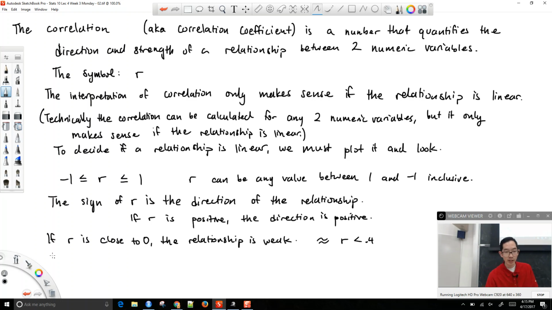And if R is far from 0, maybe I'll write absolute value of R. If R is far from 0, so that means near 1 or near -1, the relationship is strong.